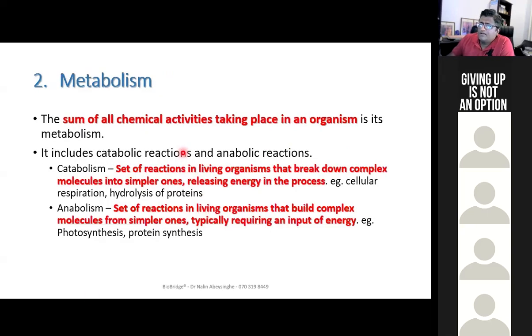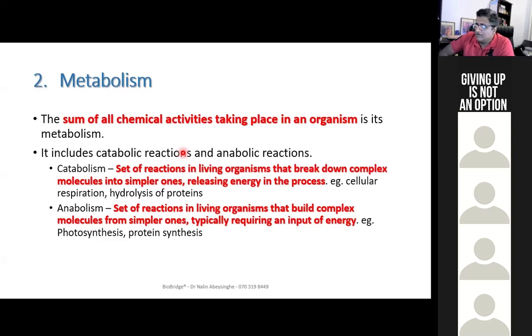Then we move on to metabolism. That is the second characteristic of life. The sum of all chemical activities taking place in an organism is its metabolism.